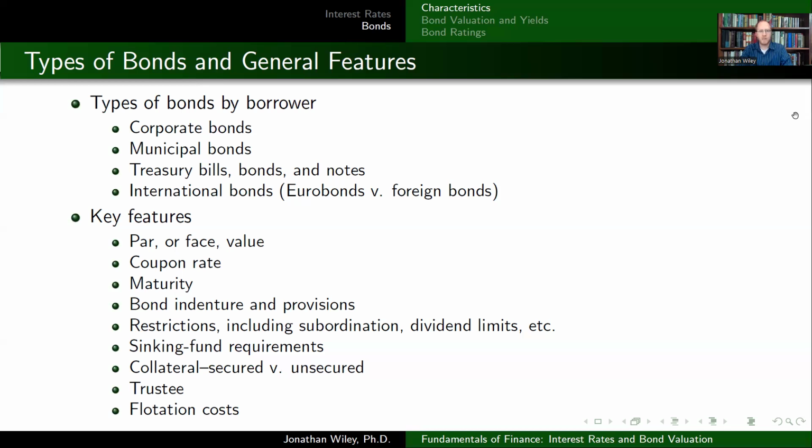Other bonds are just the general creditors of the company, which basically means they have a claim on the assets of the company, but not necessarily on specific assets. So if you had a claim on specific assets, that would be the secured type of bond. If it was a claim on the general assets of the company, but not anything specific, that would be the unsecured scenario.